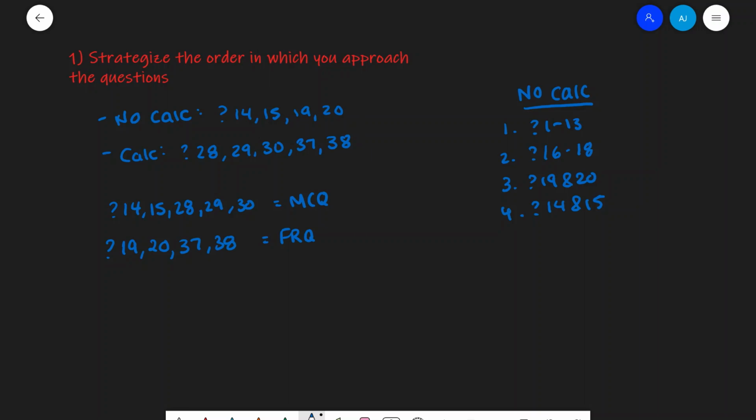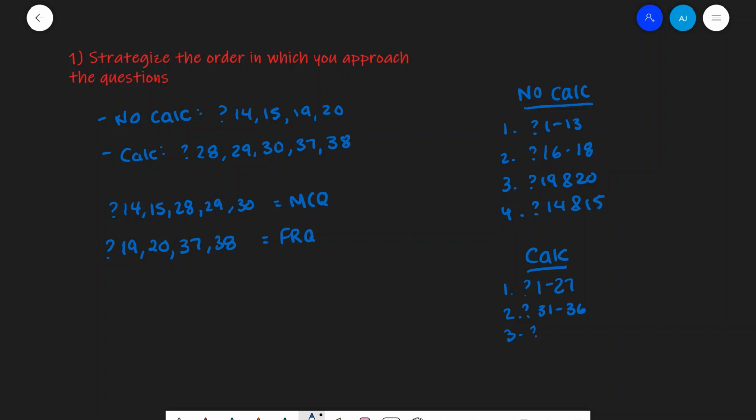So similarly for the calc section, I would say to do questions 1 through 27 first, since those are the easiest or the average multiple choice questions. Then skip to the free response section and do questions 31 through 36.